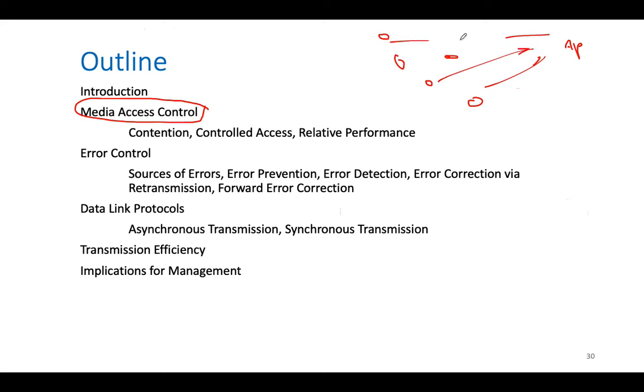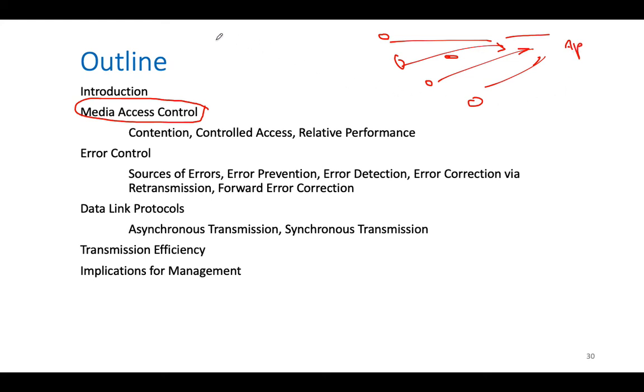We want to send data or receive data or use that. How will that AP control us? How will it reply back to us? Who will start first, second and third? Is this random or non-random? That's what we call media access control.